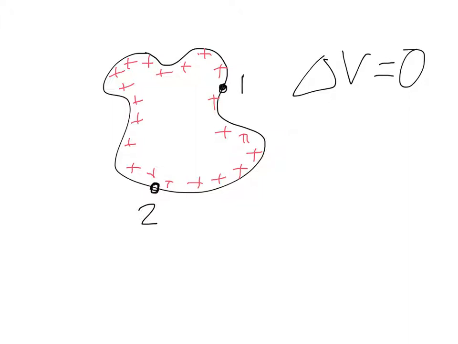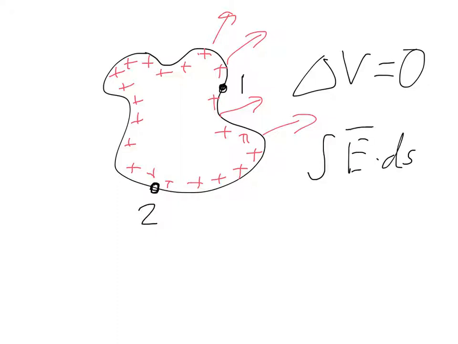Another way to think about that is if you think of the electric field lines all going straight out from the surface initially, and if you're doing some sort of a path integral, as you would if you were, for example, trying to do the integral of E dot ds, well, in that case, if you're going along the surface here, then at all points when you're going along the surface, that is going to be perpendicular to your electric field line.